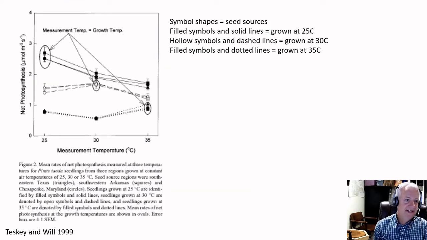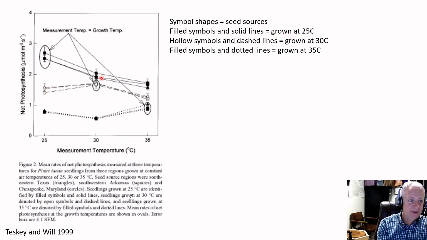This is an example of acclimation responses of temperature. So these are different seed sources of loblolly pine. The different shapes in the graph are just different seed sources. So there's 3 different seed sources that they're looking at in this study. And then the filled symbols and solid lines here are plants that were grown in growth chambers at 25 degrees Celsius.